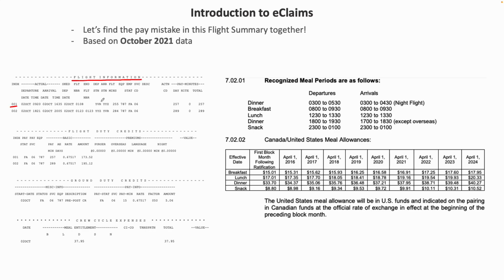Index 1 indicates that I flew from Vancouver to Toronto, and Index 2 indicates that I flew from Toronto back to Vancouver. My flight departure time from Vancouver was 9:20 a.m. My flight arrival time back in Vancouver from Toronto was 8:05 p.m.